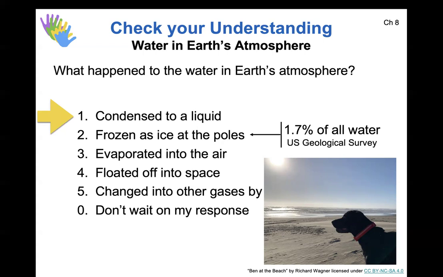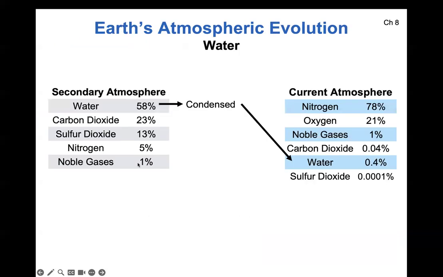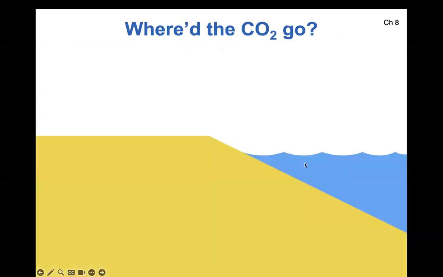So significant, but still the best answer would have been condensed to a liquid. All right. So there we go. There's our answer about the first change. The 58% water that made up the secondary atmosphere became less than half of 1% because of condensation.